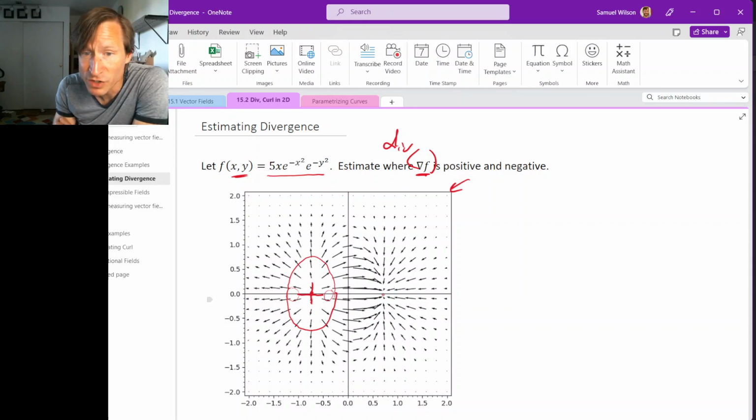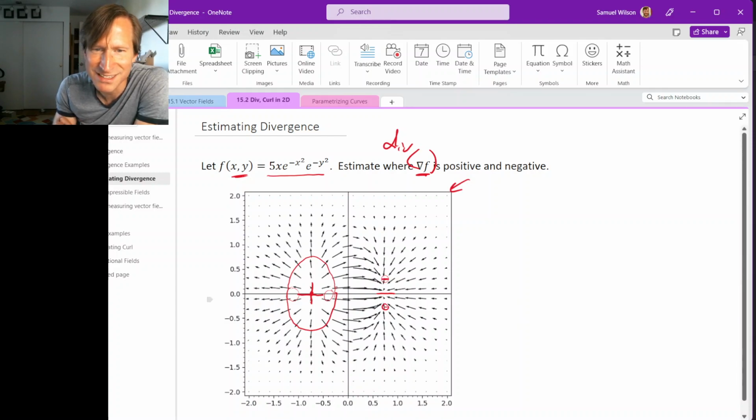On the other hand, over here, there's a point where the vector field is clearly flowing into this point, so the divergence is going to be negative there. At points nearby, like right here, the vectors flowing into this point are longer than the vectors flowing out, so the divergence ought to be negative there. And similarly down here.